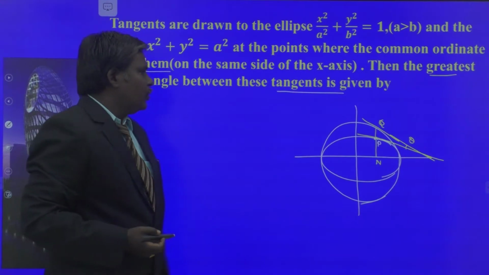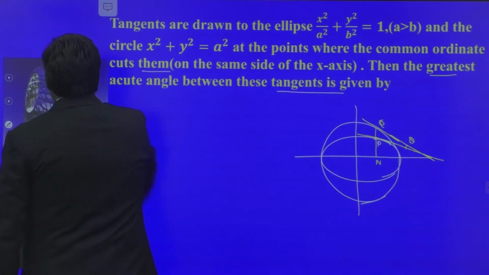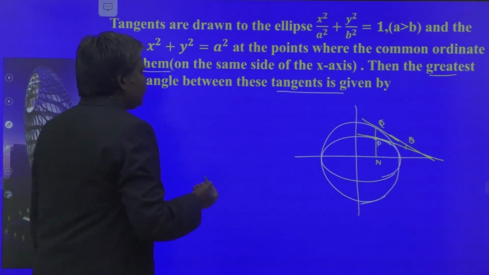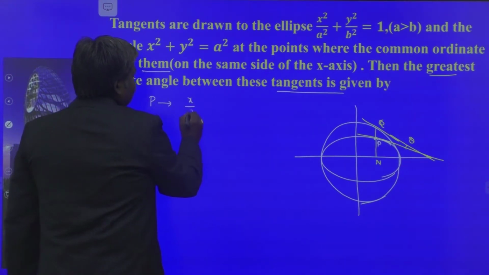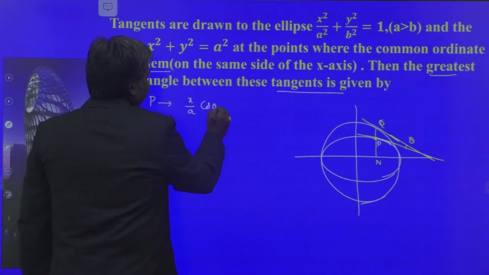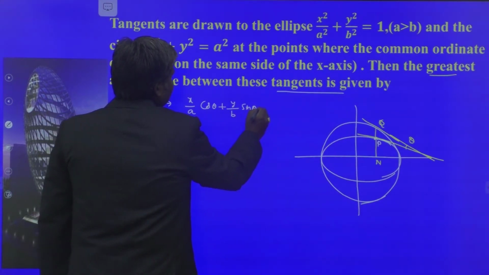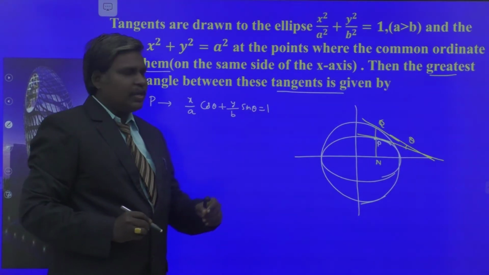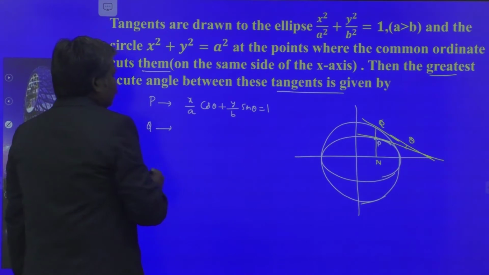Now, in the same way, we have to take the tangents at P and Q first of all. What is the equation of the tangent at P to the ellipse? We know that it is (x/a) cos theta + (y/b) sin theta = 1. What is the equation of the tangent at Q?